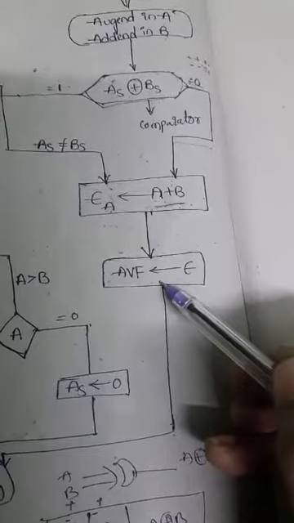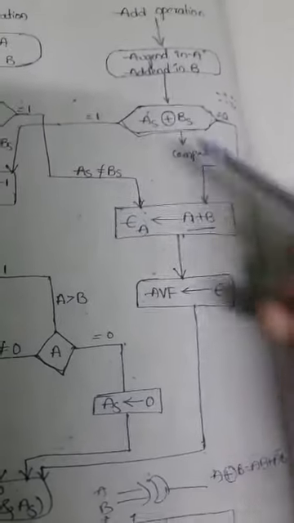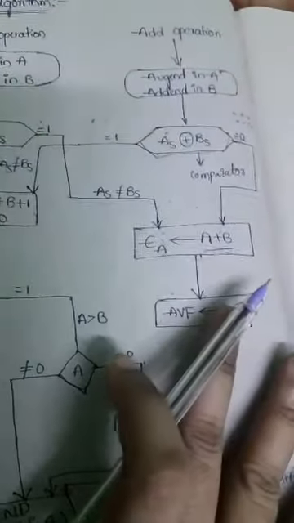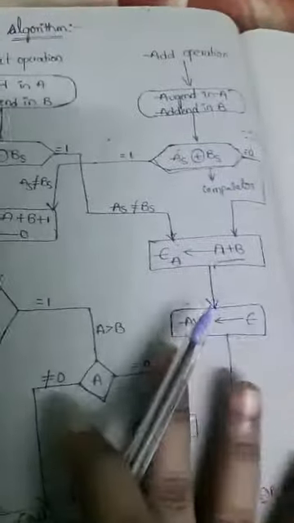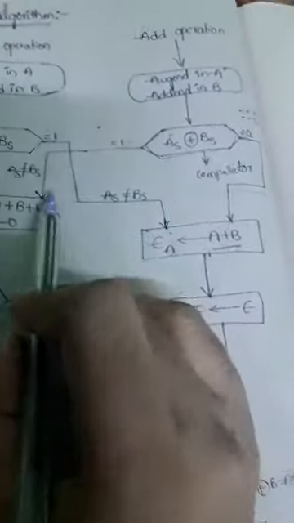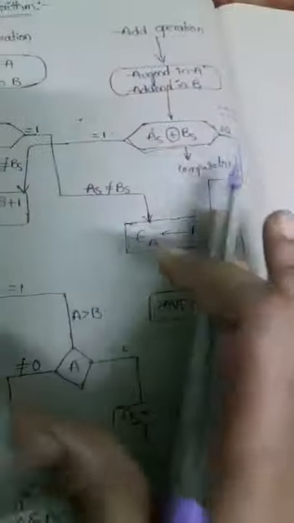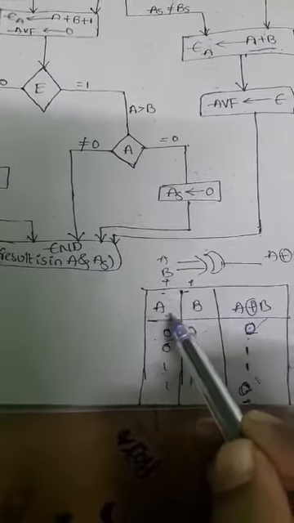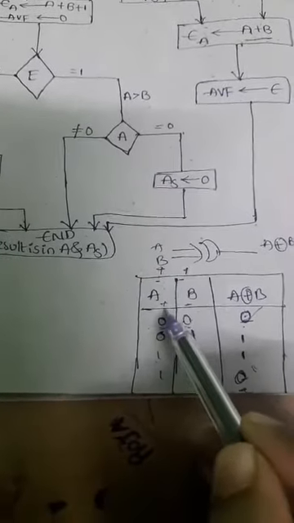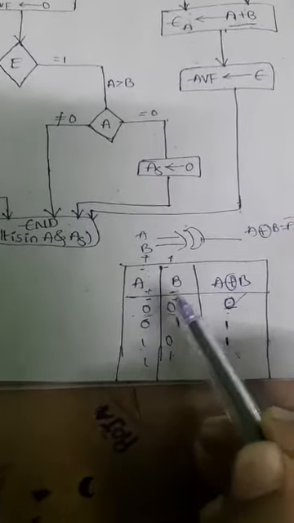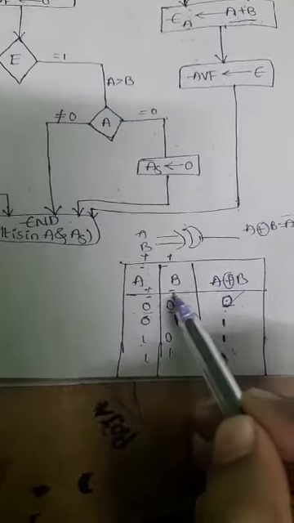So while performing the addition operation, if the signs of A and B are different, the signs may be either 0 or 1, then we go for another procedure. So if the sign is the same, this is the procedure. If the signs are different, what happens? First we will see that A is positive and B is negative.